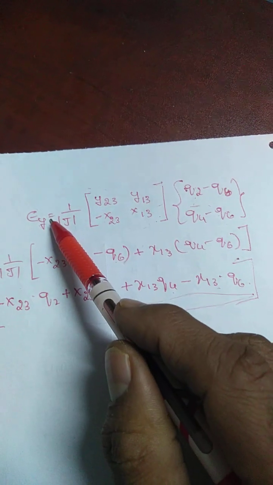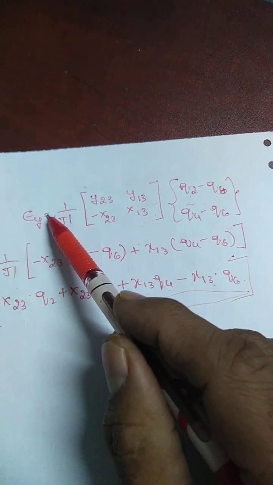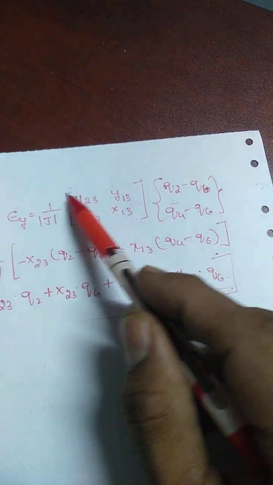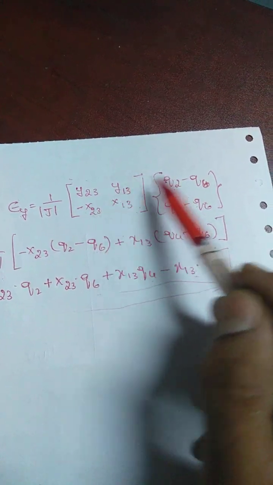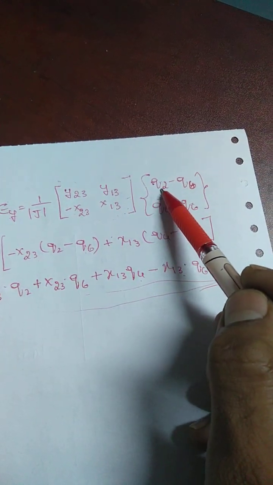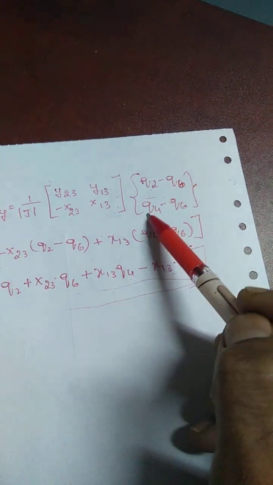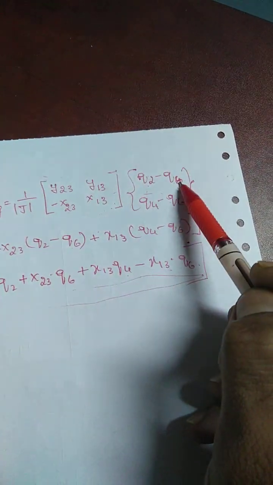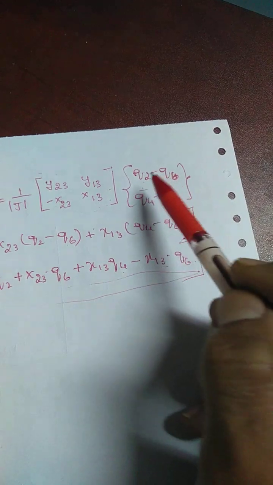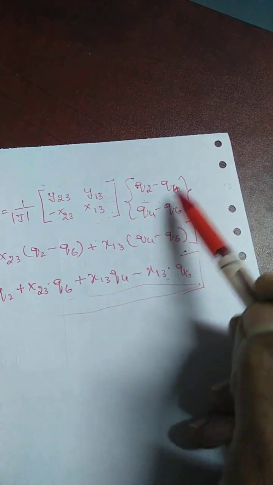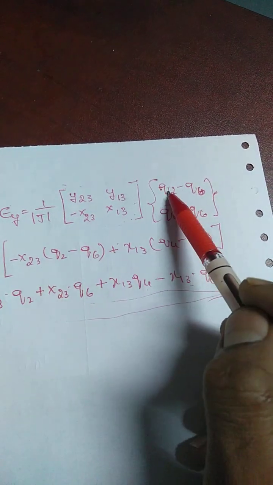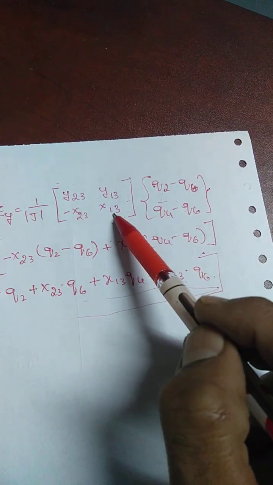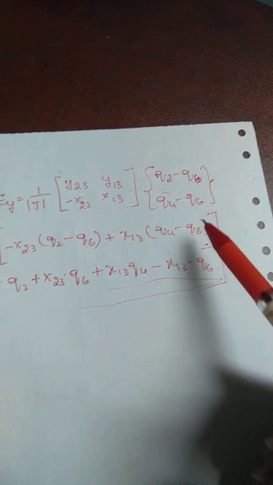See here, for epsilon y we are considering only x terms, equal to 1 by determinant of J into this, the same as I have written over there, but here instead of odd numbers, even numbers come. There odd numbers occurred, here even numbers are occurring. So q2 minus q6, q4 minus q6, same, minus x23 into q2 minus q6 plus x13 into q4 minus q6.